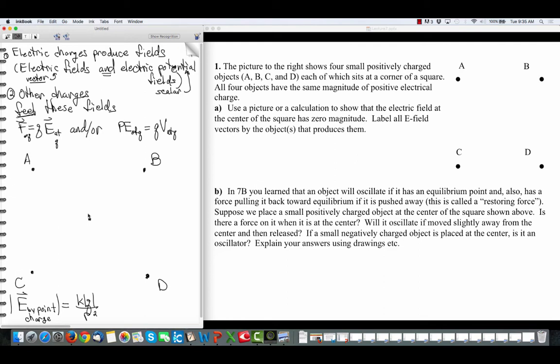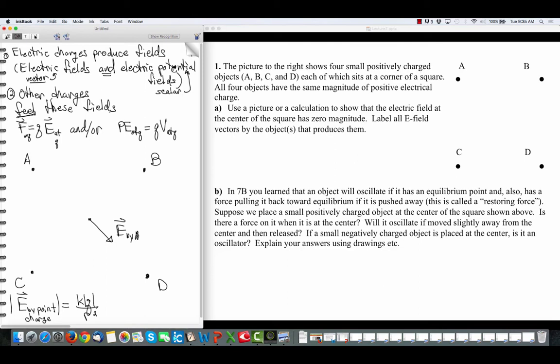Towards D. Towards D, or some people pointing down that way, same thing. Away from A, toward D, label it E by A. The electric field by A at that location looks like that.